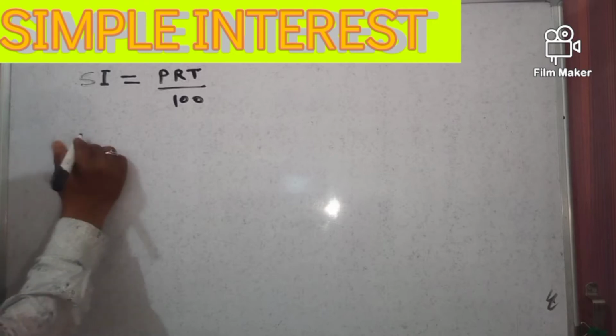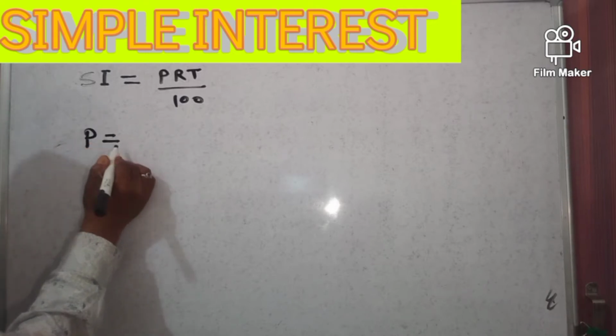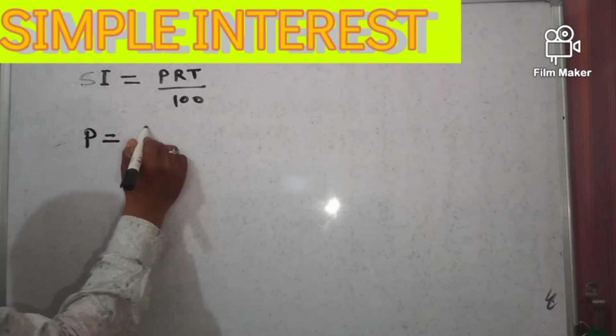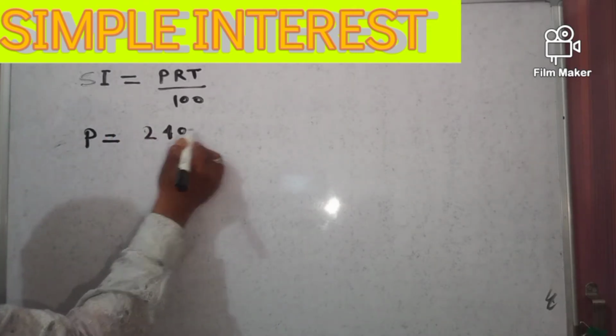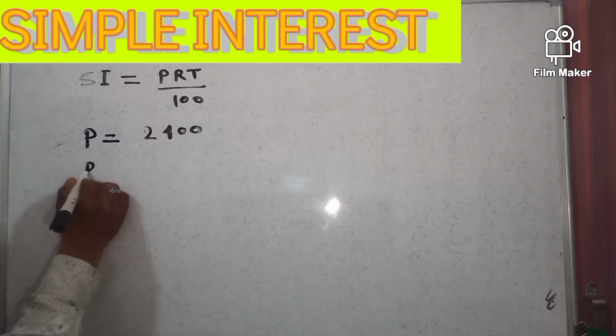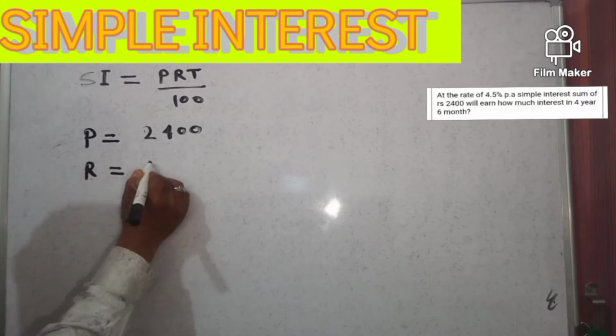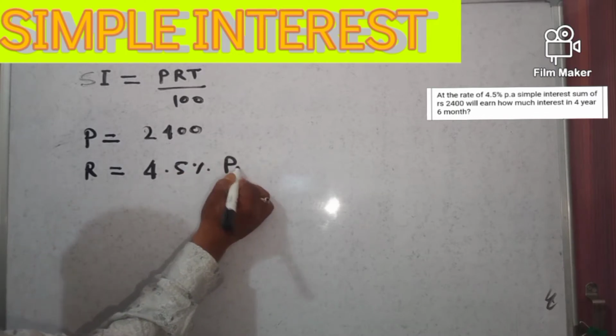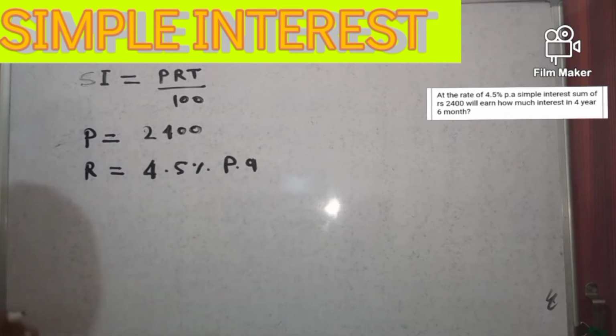So principal is given 2400, rate of interest 4.5% per annum, right?